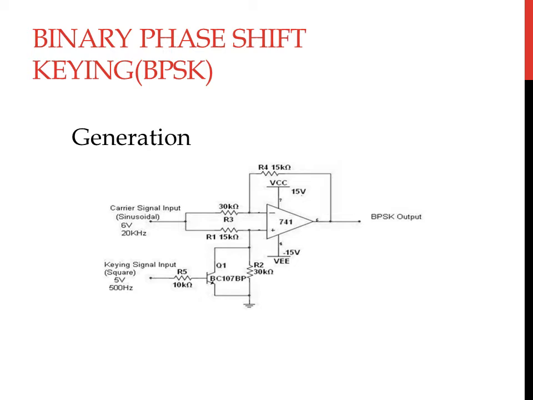In this particular circuit for modulation of BPSK, we make use of an NPN transistor, a 741 op-amp, an input signal or modulating signal m of t, which is a square waveform having a peak to peak voltage of 5 volts, and a carrier signal c of t having a peak to peak voltage of 6 volts.